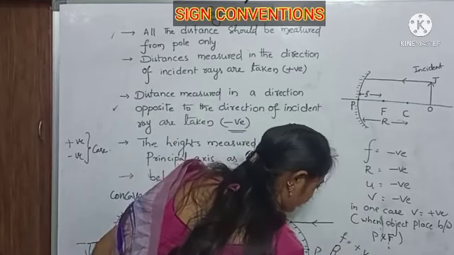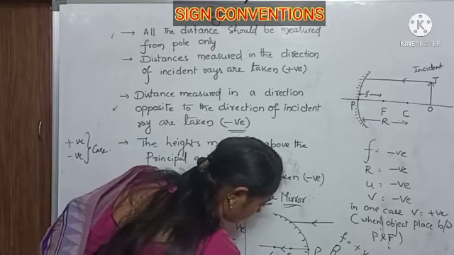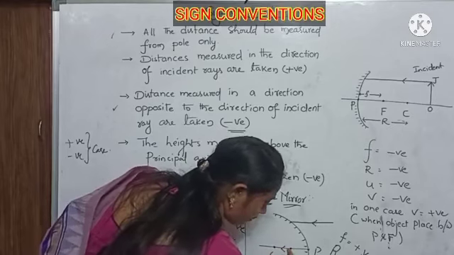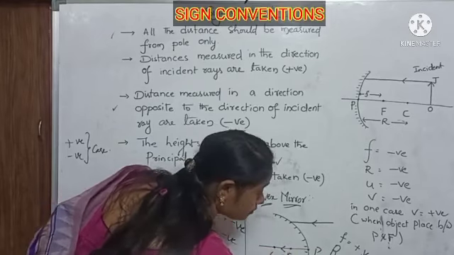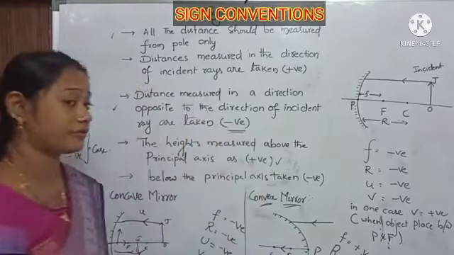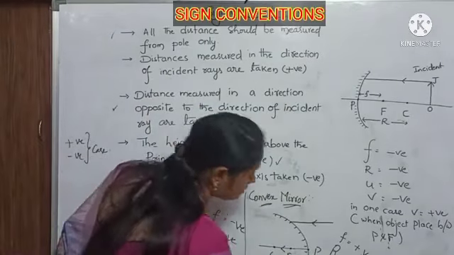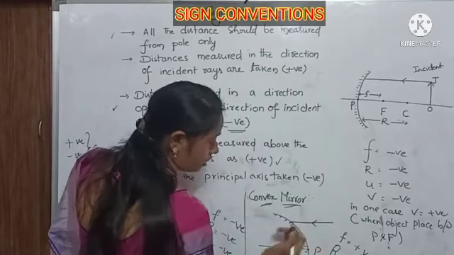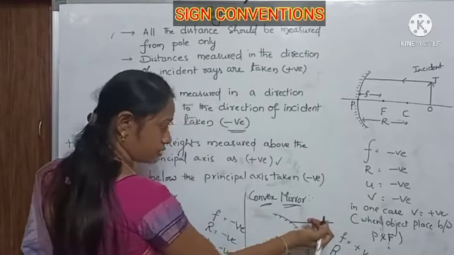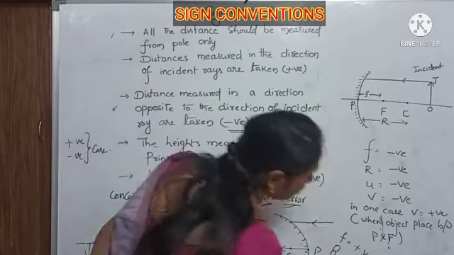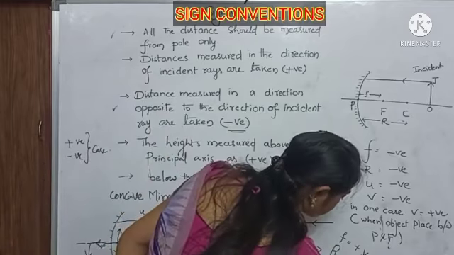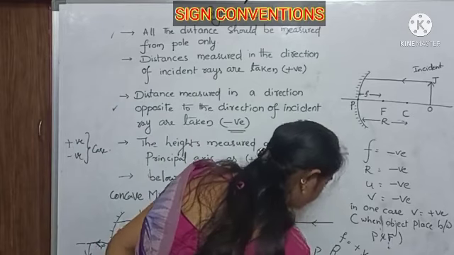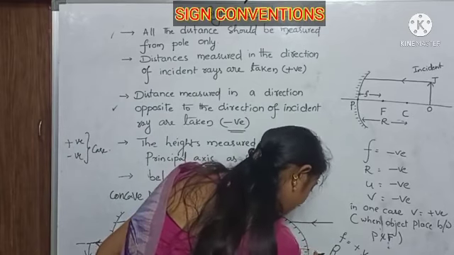Next, R. R is the distance measured from P to C, that is, pole to center of curvature. In this direction I am measuring, and the incident ray is also in this direction. They are in the same direction, so it is positive. Next, object.